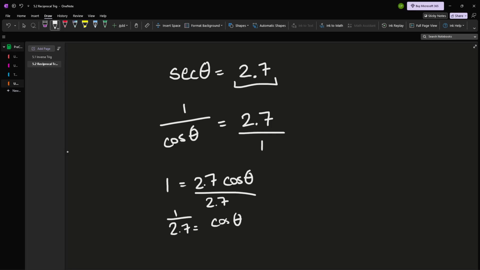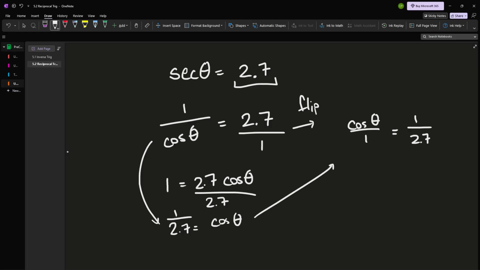To skip all this, to go from here straight to here, what we can do is flip everything. Flip both sides. So I flip this to be cosine of theta over 1 is equal to 1 over 2.7, which is equivalent. That is the same.